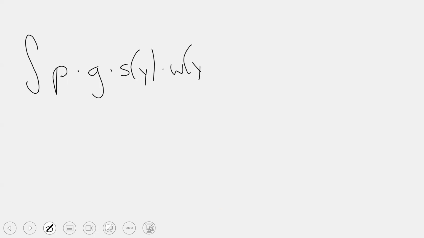So I'm going to go to the next slide here. And now that we have that information, we can go ahead and plug it into our formula, which is rho times the value of g times our depth function times our width function. And again, because everything's in terms of y, we're going to integrate with respect to y.